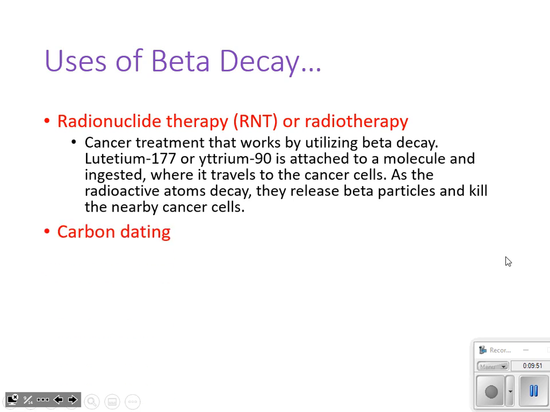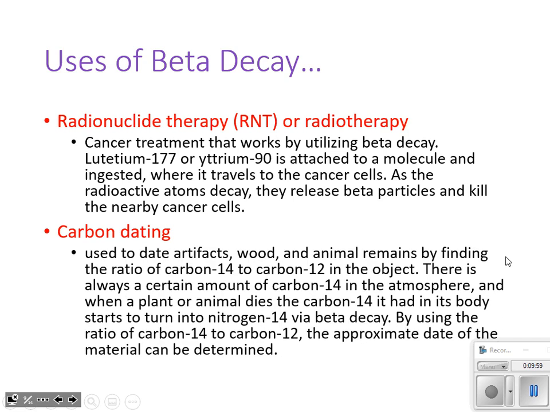Carbon dating. Have you ever heard of carbon dating? We're going to do a project on carbon dating coming up. Carbon dating is used to date artifacts, wood, animal remains by checking the ratio of carbon-14 to carbon-12.